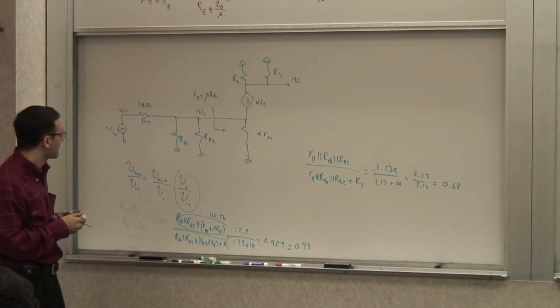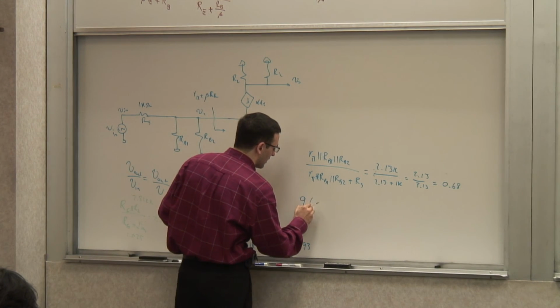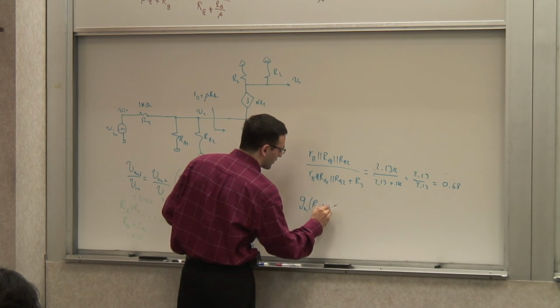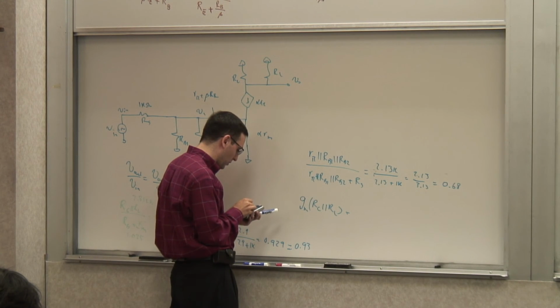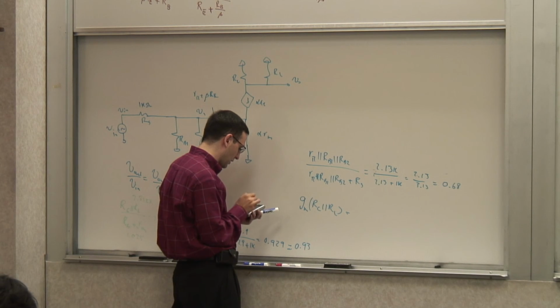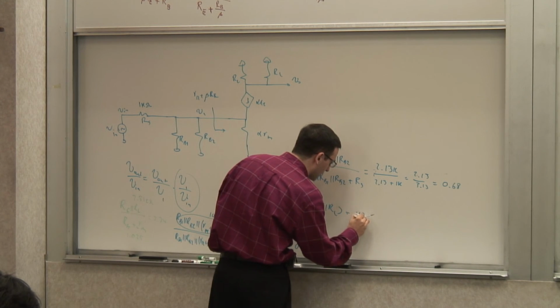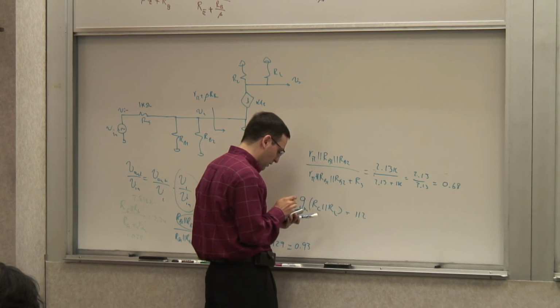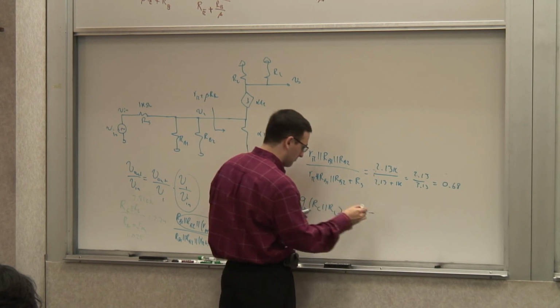And now the second part is basically gm times RC parallel with RL, which we have to calculate. So it's 3.9 times 10 divided by 13.9, 2.8 times 40, that's 112, times 0.68, that's the product.